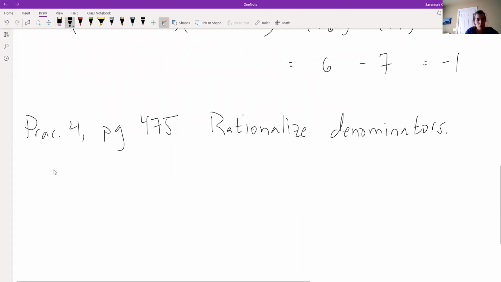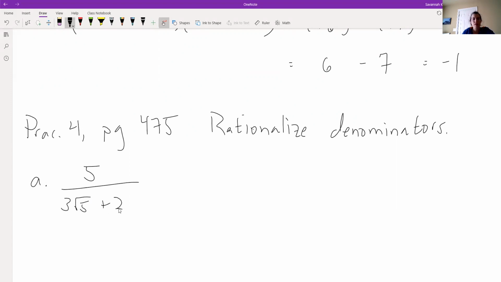Okay, so for part A here, we've got 5 on top, and then 3 square roots of 5 plus 2. Since this is a two-part denominator, an addition problem, we cannot do what we used to do at the beginning of 8.5 and zero in on the square root of 5.